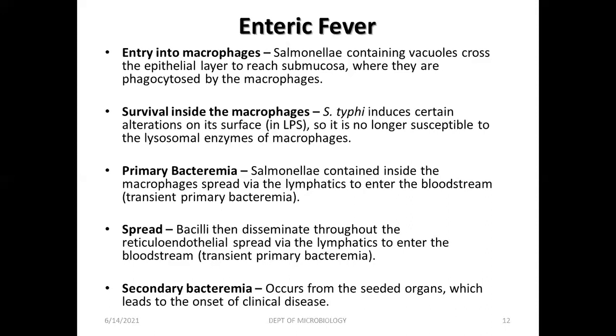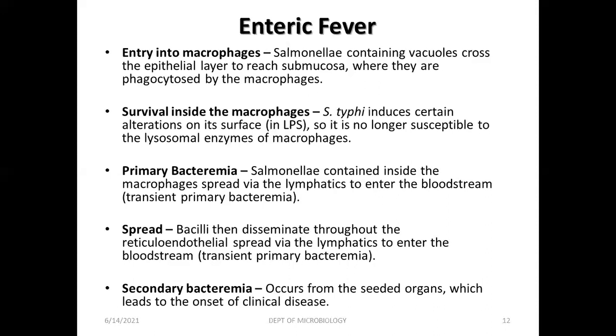And from here onwards starts the primary bacteremia. Salmonella inside the macrophages get spread via lymphatics and enter into the bloodstream. From this, there is the start of transient primary bacteremia. Bacilli then disseminate through the reticuloendothelial system.